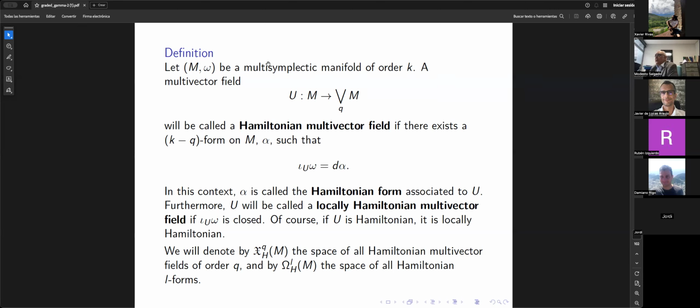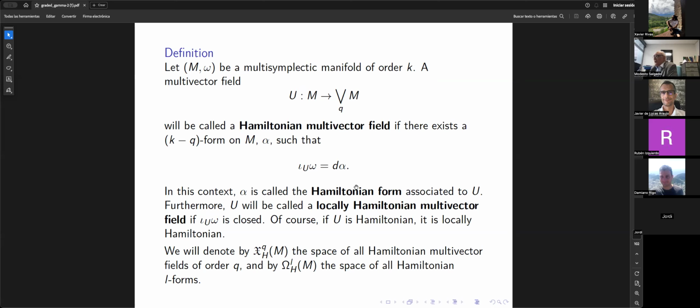Okay, so in general, if we have a multisymplectic manifold of order K, we can consider a multivector field, and this contraction, giving a multivector field of degree Q, we obtain a K plus 1 minus Q form. But we assume that we have a multivector field, which is called a Hamiltonian multivector, when this is the differential of a form alpha.